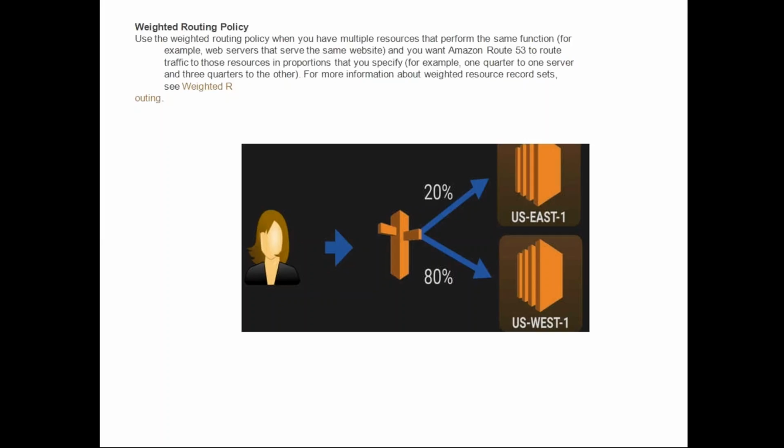So with a weighted policy, you have multiple resources that perform the same function, for example web servers, that you want to bring into Route 53. How should traffic flow? Whenever a user request comes to your Route 53, you mention that 80% traffic goes to US West because I have many more resources in the US West location, and 20% traffic goes to US East because I have fewer resources in the US East location.